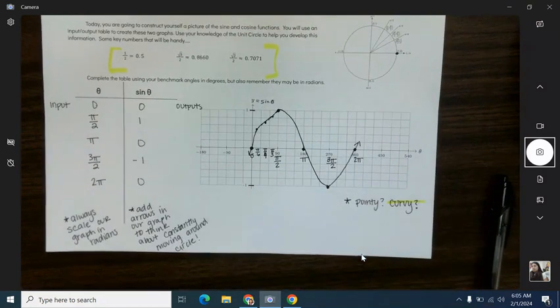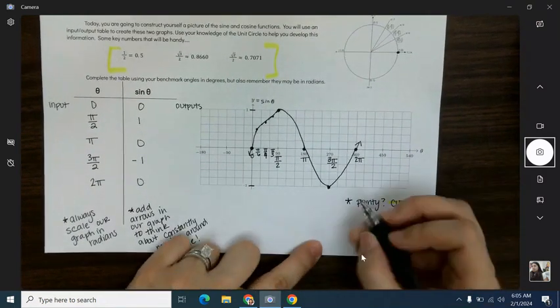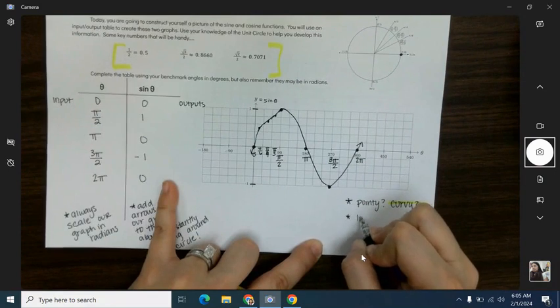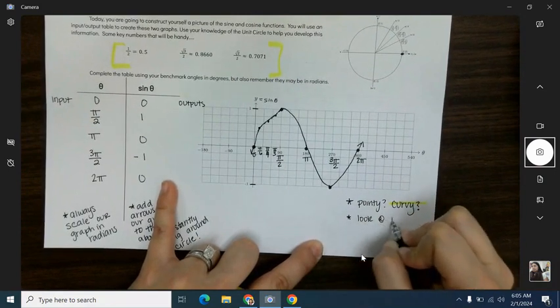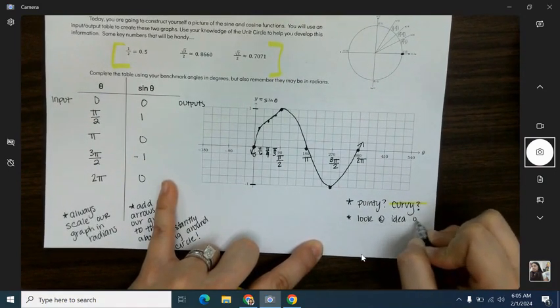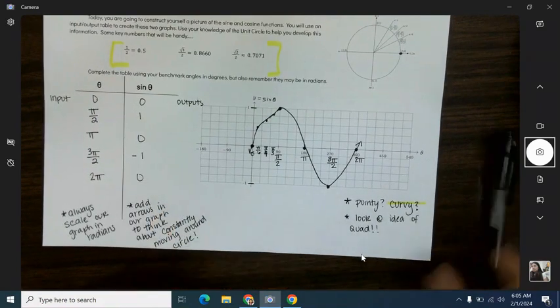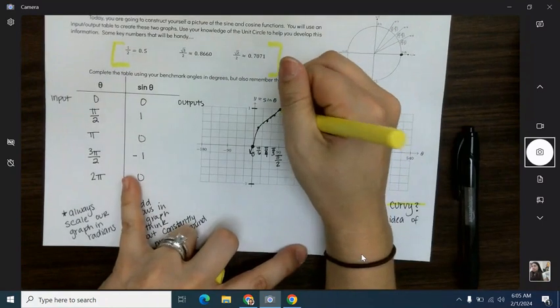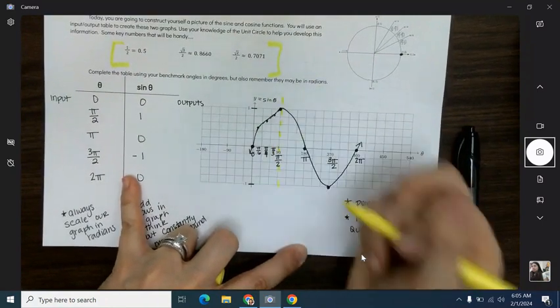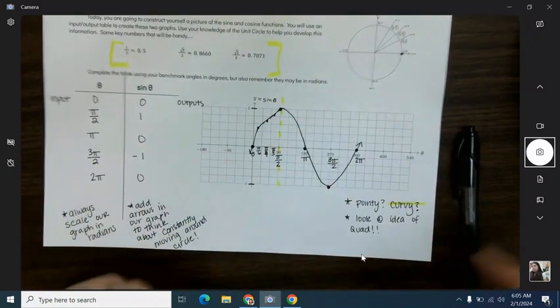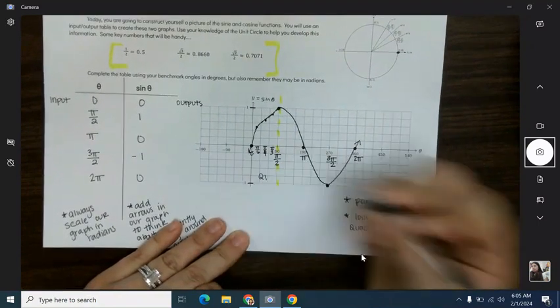Okay. And the reason why it's curvy is because we want to look at this idea of quadrants. So for example, here at pi over 2, all of this information looks like quadrant 1.